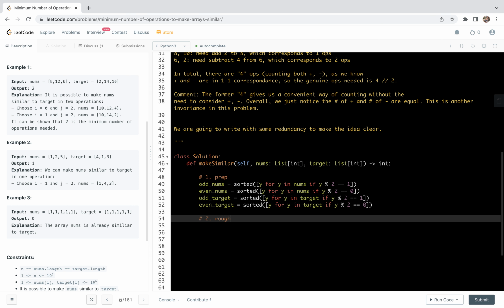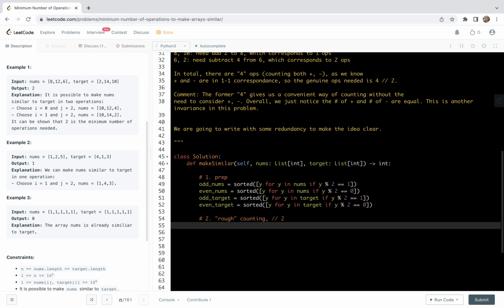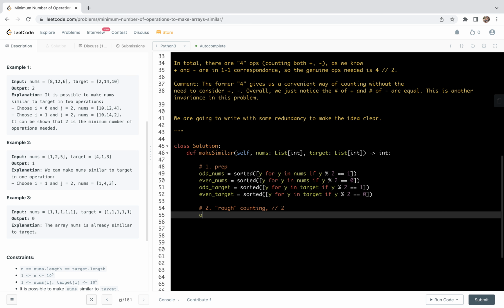Next, what we are going to do is the rough counting, and divide by 2. For this, let me write it into 2 parts. So odd operations, which correspond to, let's see, odd deltas. I'm going to sum.